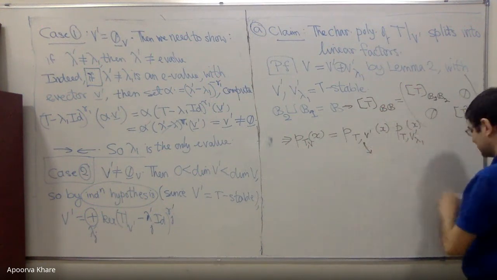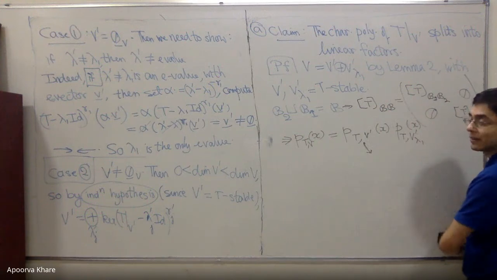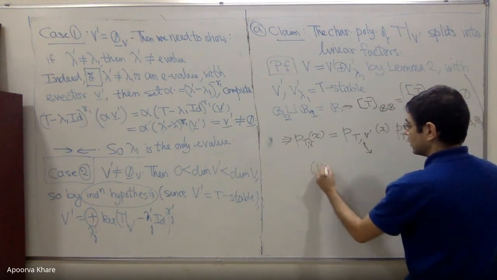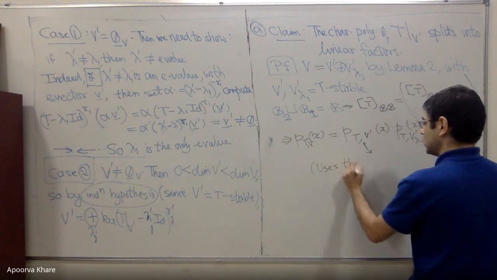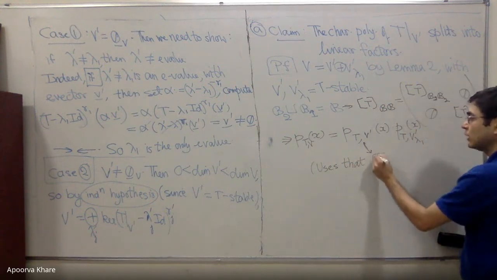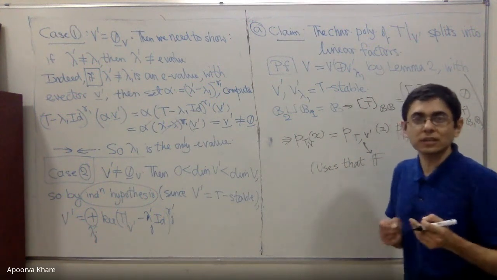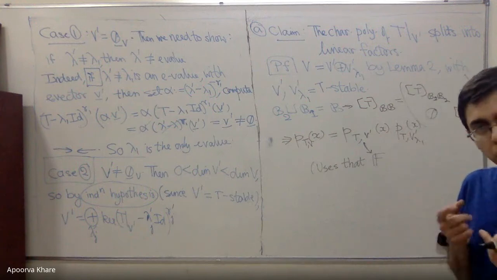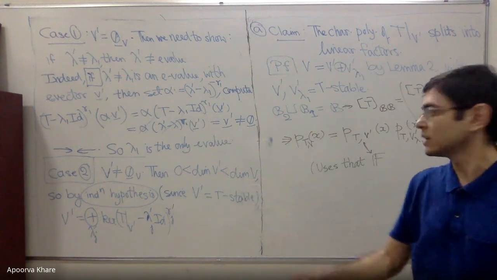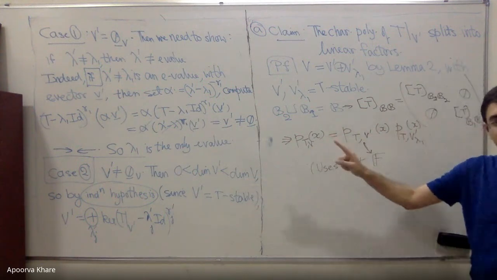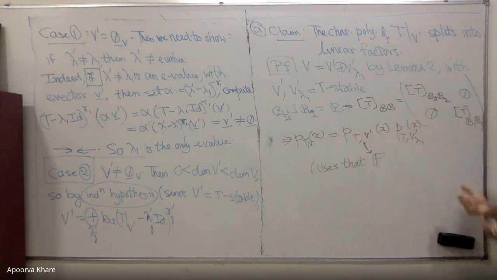This uses the fact that the ring of polynomials is a unique factorization domain, meaning that there is only one prime factorization. Just like any number is a product in a unique way of prime numbers, every polynomial in one variable is a product in a unique way of prime factors.